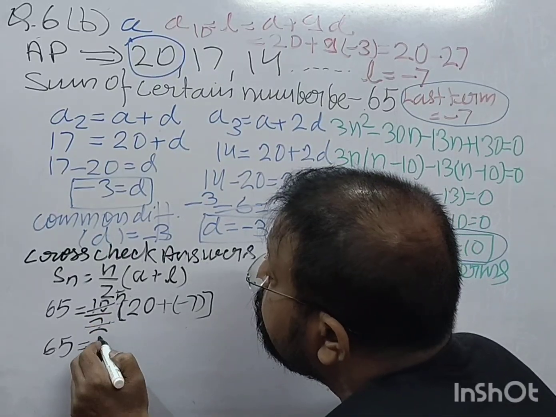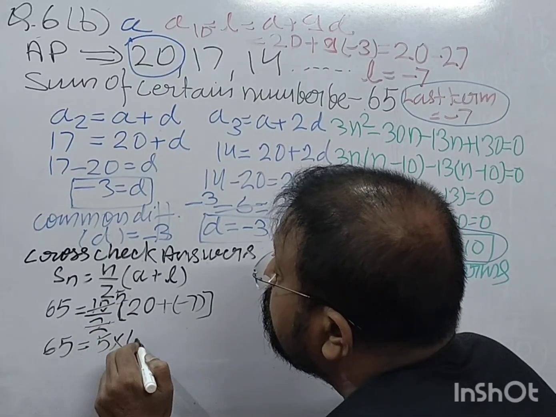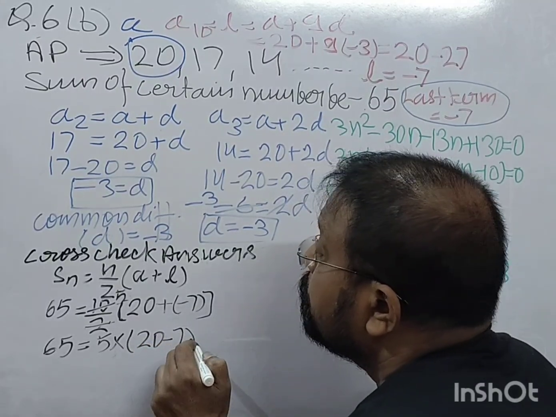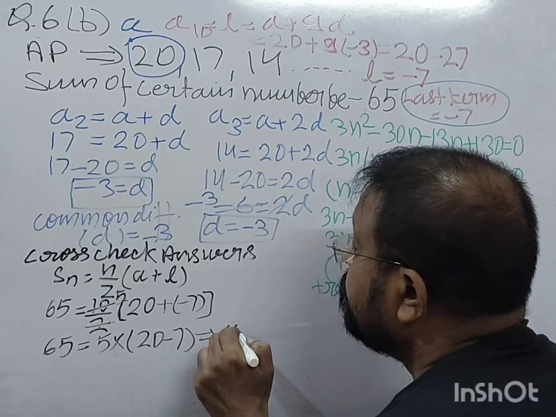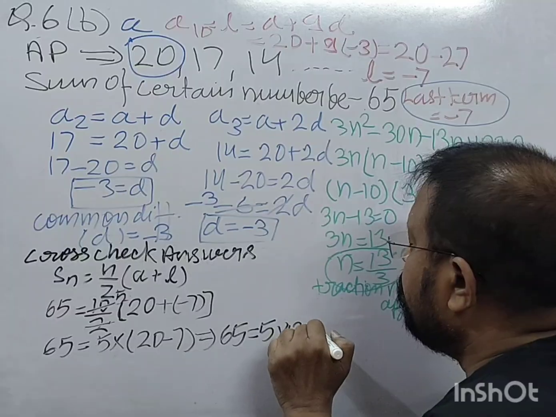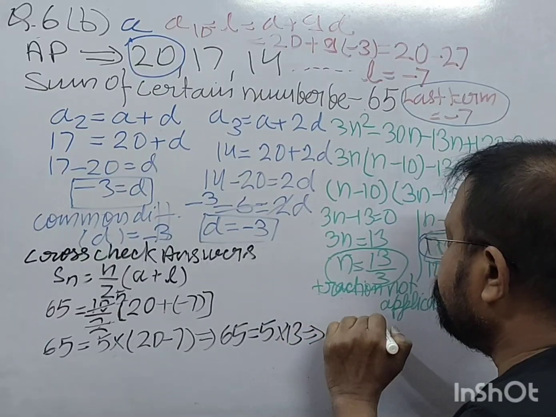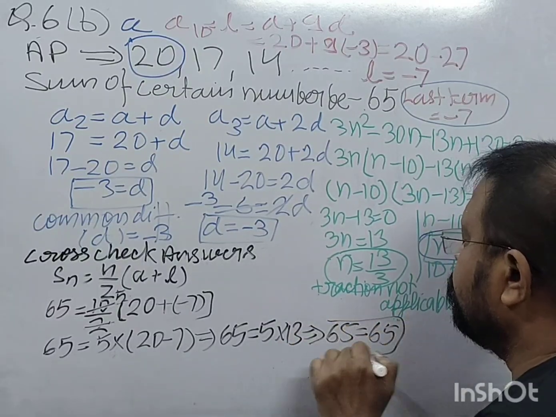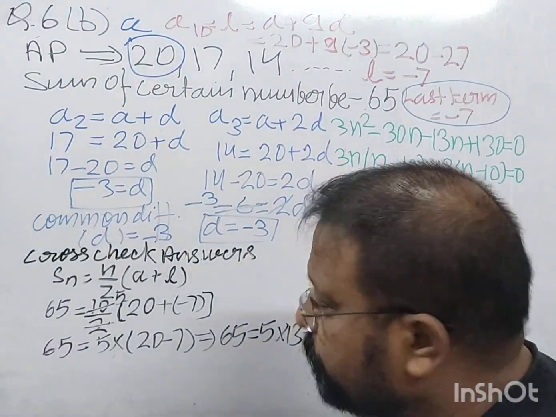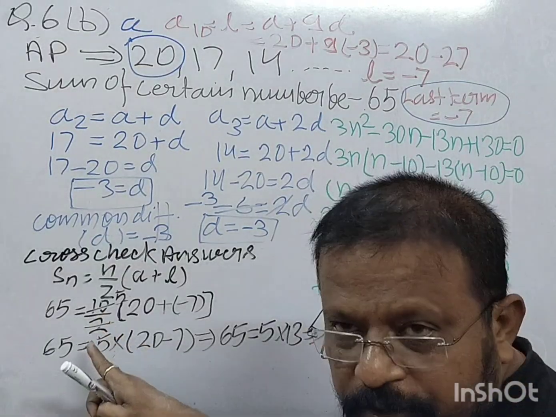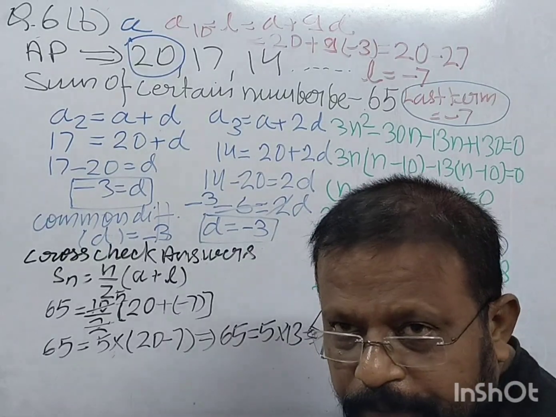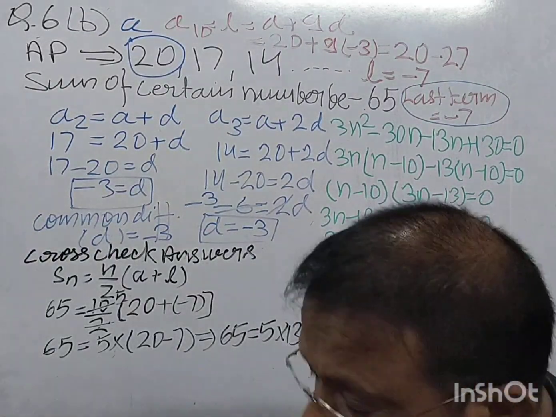So 5 into 20 minus 7. So you get 65 is equal to 5 into 13, and therefore 65 is equal to 65. Hence correct. The last term is correct. Your number of terms is correct. So this is how you can cross check whether it is correct or not. Right? So this was question number B.